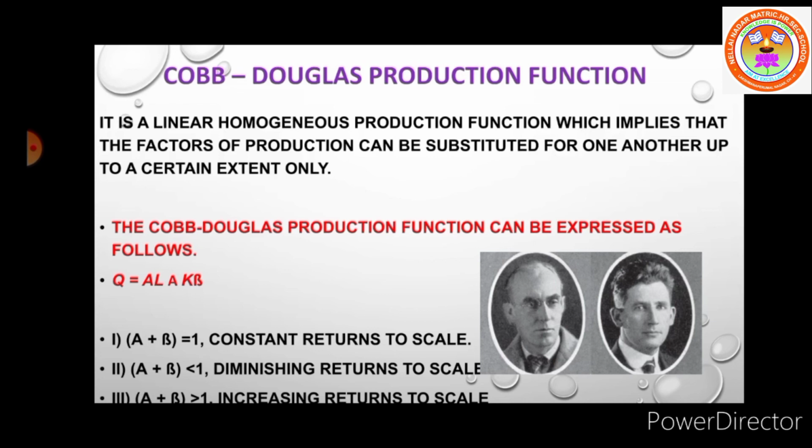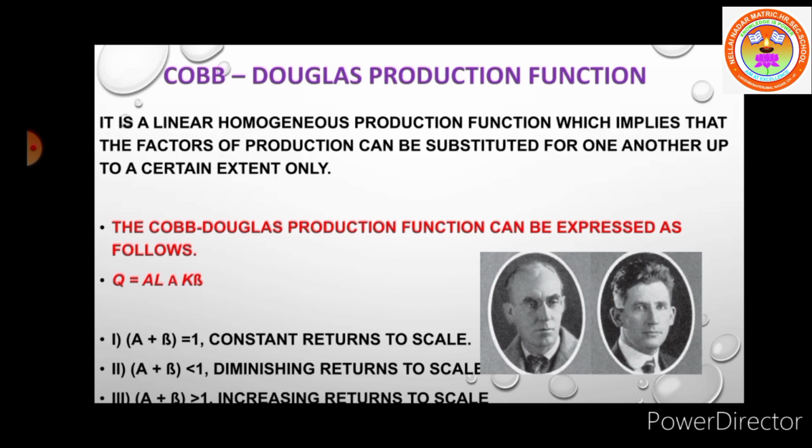Increasing returns to scale means that a percentage increase in capital and labor will produce a larger percentage increase in output. The Cobb-Douglas production function implies constant returns to scale.